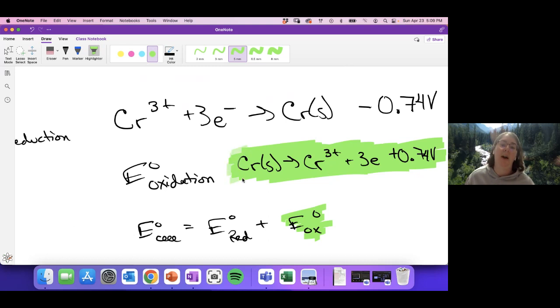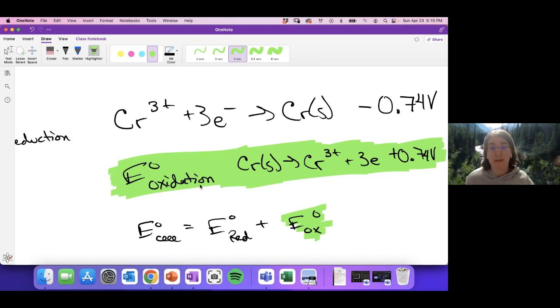Now, why would you care about this? You would care about this if, and only if, the question asked you for the standard oxidation potential. So if it asks you for your E cell standard, you probably don't care. You're going to calculate that however you were taught, which might be from class and it might be from Alex, I don't know.